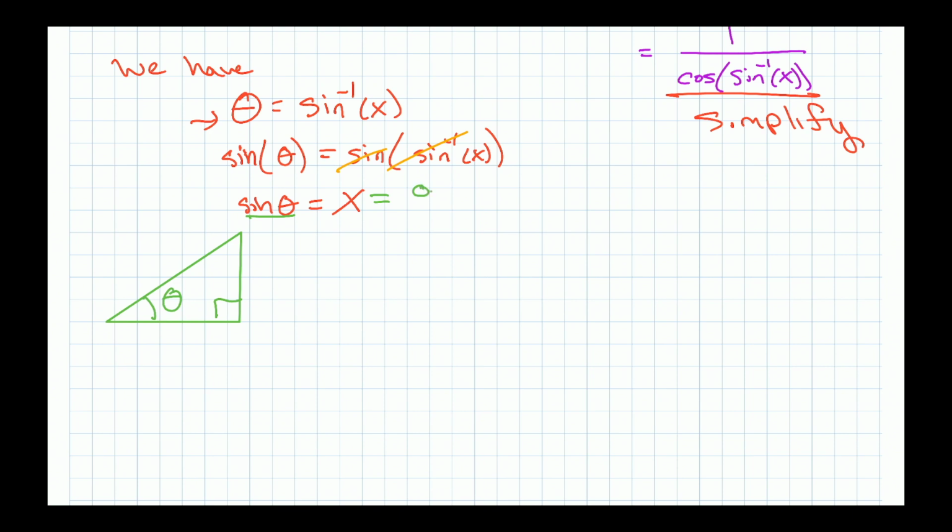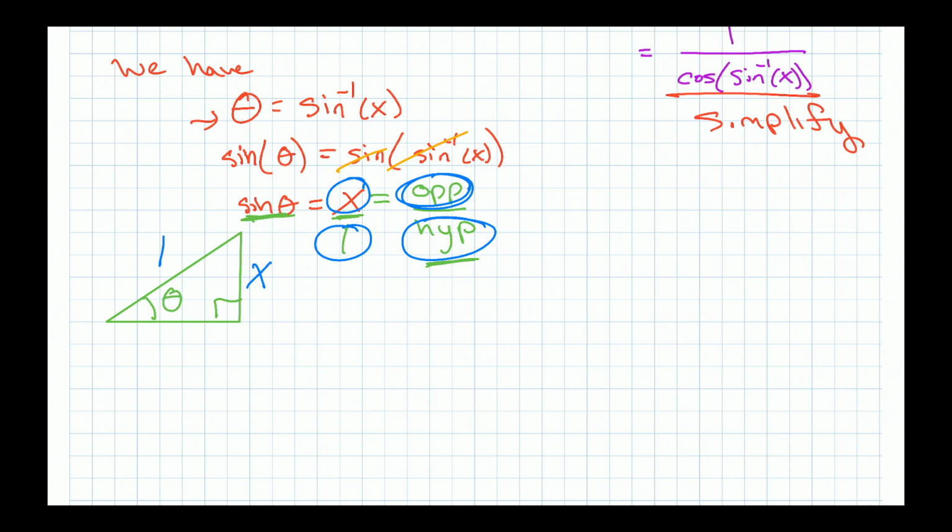Hopefully you remember it's the opposite side over the hypotenuse. So sine theta is opposite over hypotenuse, which is also x, and I'm going to write x over 1. Now, once you do that, you've got x equals opposite over hypotenuse, and that tells you that the opposite side of your triangle should be x, and the hypotenuse of your triangle should be 1. So you label your triangle that way. The opposite side should be x. There it is. The hypotenuse should be 1.